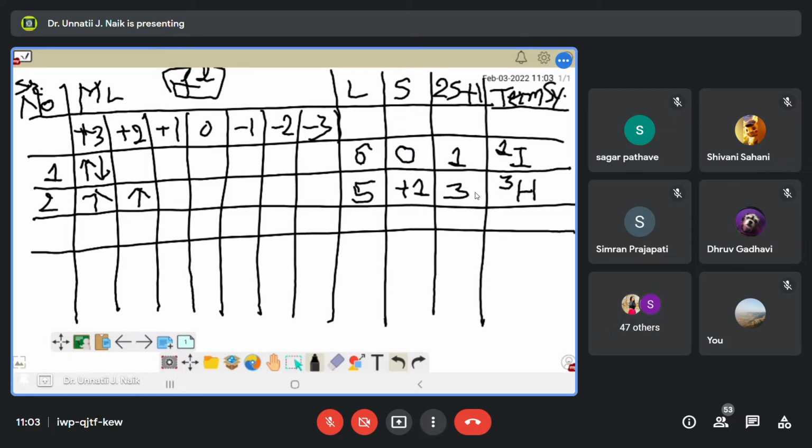Now, the third condition, we are considering the same value, but now I will take a spin opposite. One is up and one is down. So L value equal to, again I have 5, but S value becomes 0, 2S plus 1 becomes 1, and my term symbol will be 1H.